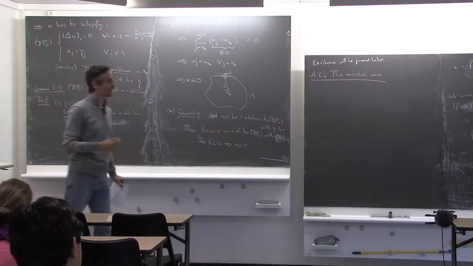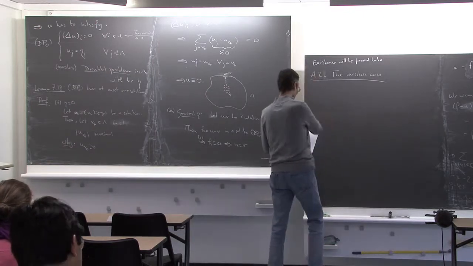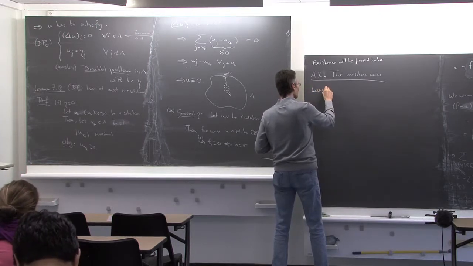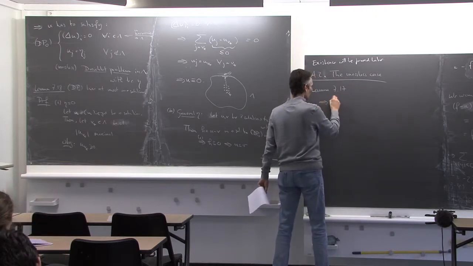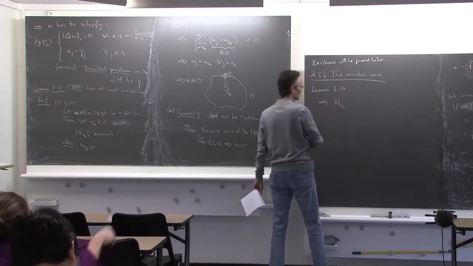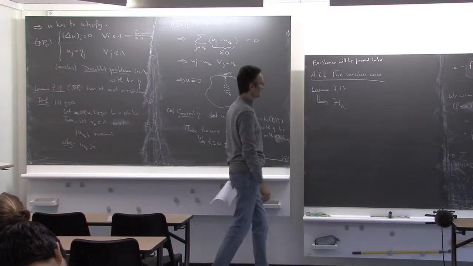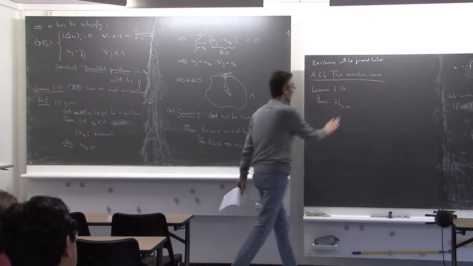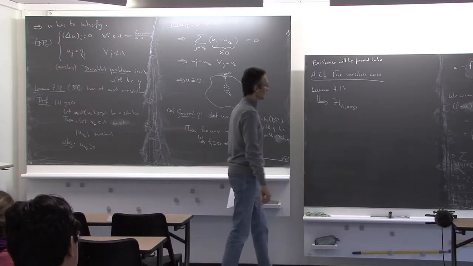In this case, the Hamiltonian only has the part we have just analyzed. So from lemma 717, we conclude that the Hamiltonian in lambda with mass m equal to 0 takes the following form.